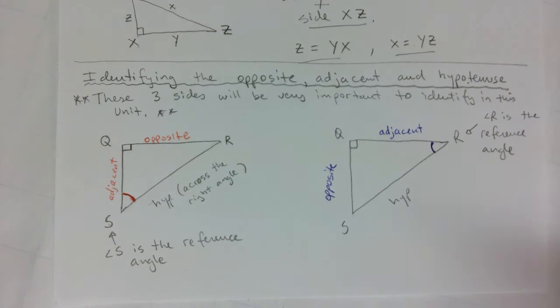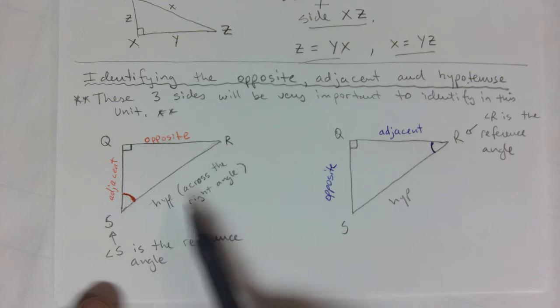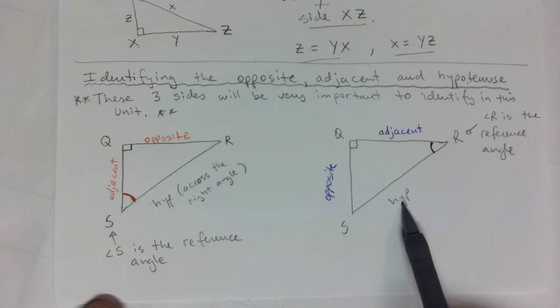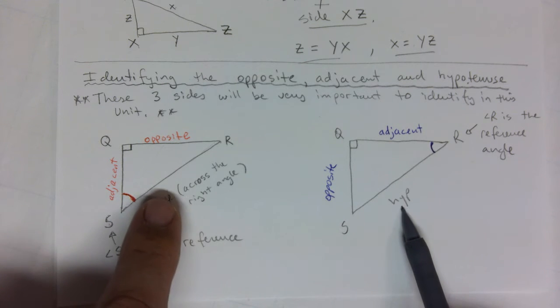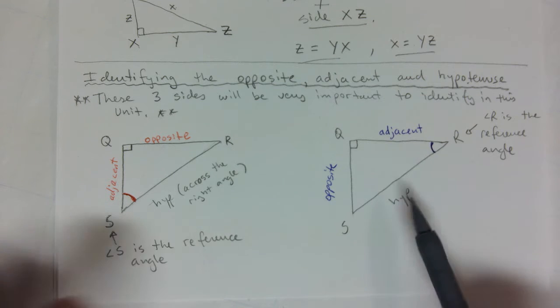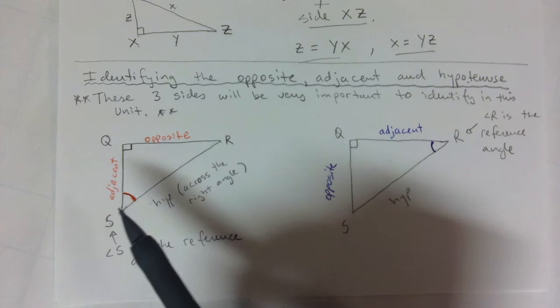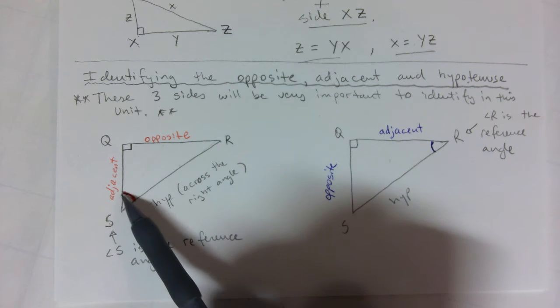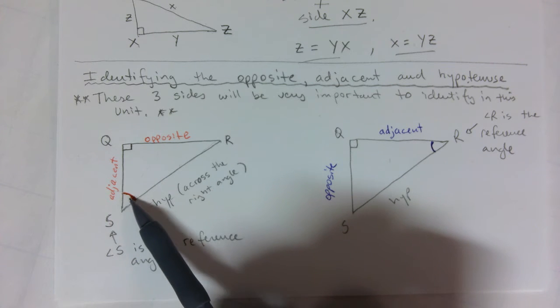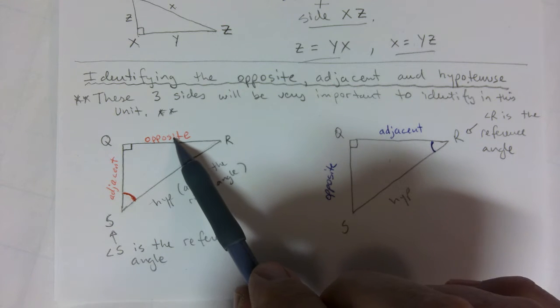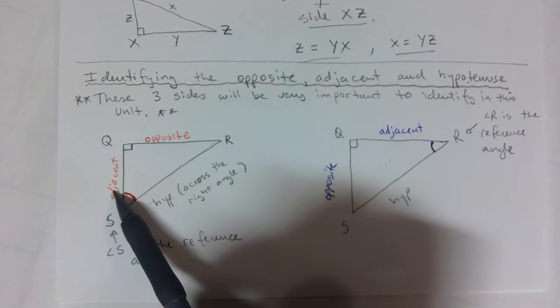Okay, so what hasn't changed? The hypotenuse stayed the same. The hypotenuse is the exact same. But look at the sides. You had to label the three sides in both triangles. If this had been your reference angle, if that's the one that is marked, then that becomes the opposite, and this is the adjacent.